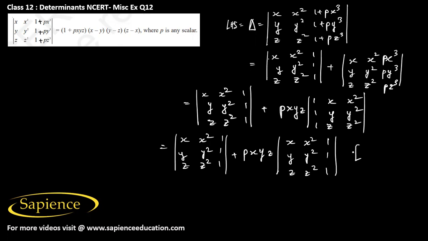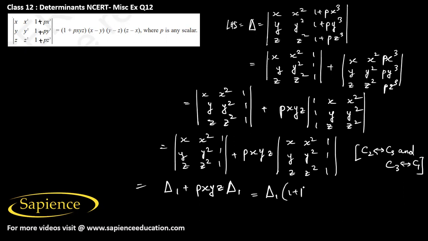So here we first interchanged the second column with the third column, and then we interchanged the third column and the first column. So the sign will remain the same. Now this determinant we can call delta 1. So it will be delta 1 plus pxyz into delta 1, that will be delta 1 into (1 + pxyz).